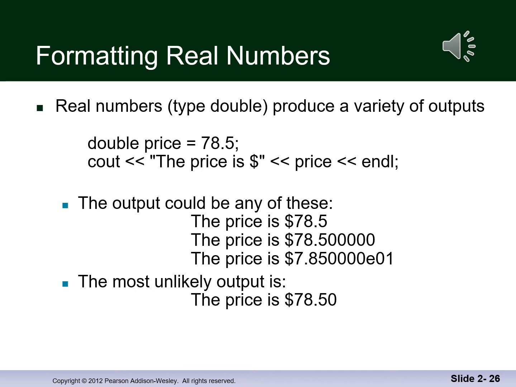The output could be any one of these, 78.5, 78.500000, etc. The most unlikely output is the one we really wanted, which is 78.5. Don't panic. There is a way to control the exact output of real numbers, and I'll show you in the next slide.